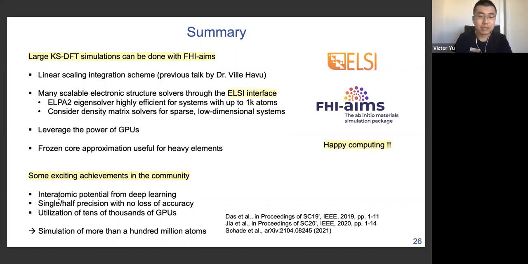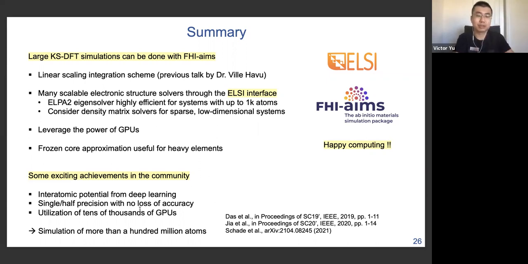By default, most of the DFT codes use double precision for the computations. But in recent years, people have figured out that for some operations, we can reduce from double precision to single precision or even half precision.